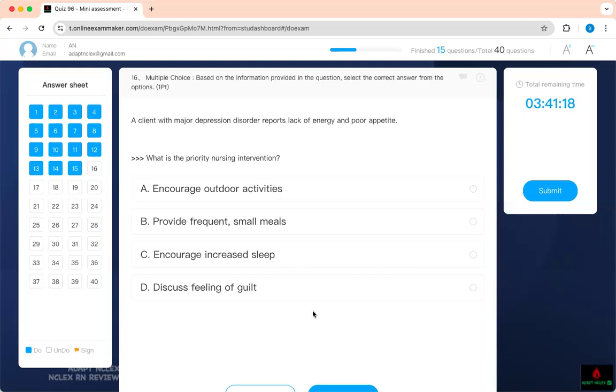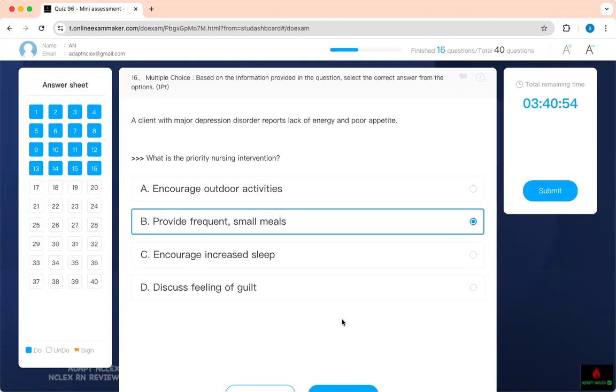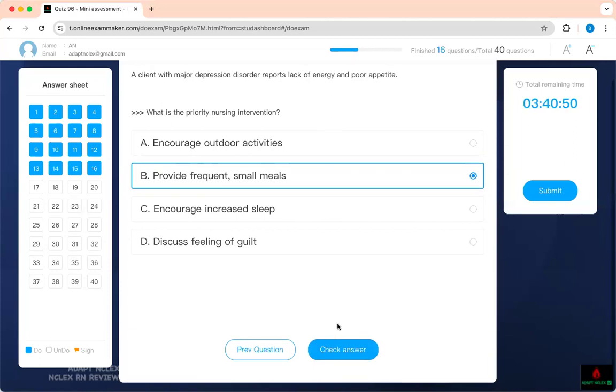What do you think? The patient told you that I lack energy and have poor appetite. Of course, I can discuss the feeling of guilt, but it does not answer the question. At the same time, it's a depressive patient. What do you want to do? Always provide physical needs. It's a psychiatric mental health question. Physical needs can be provided by small frequent meals, and that will help with the energy and the poor appetite.